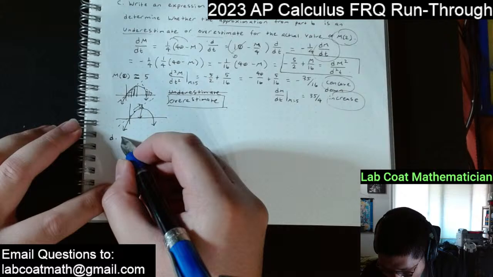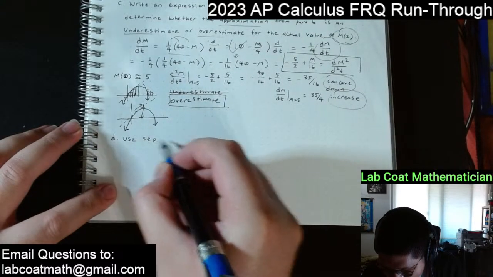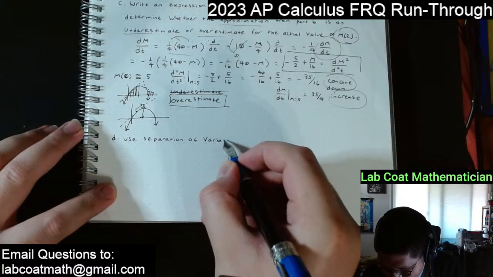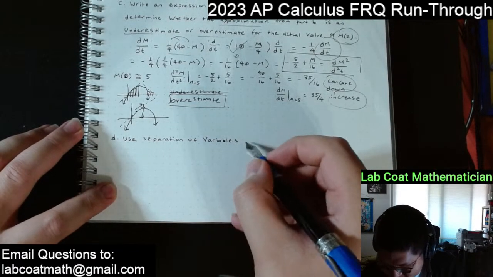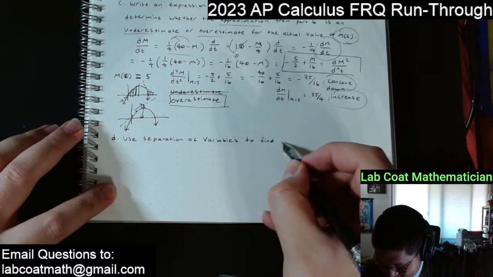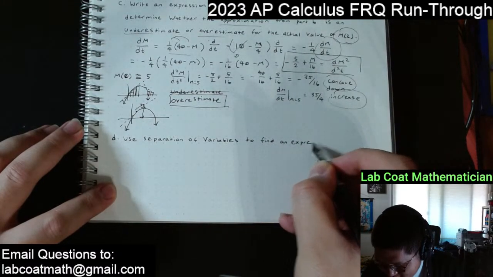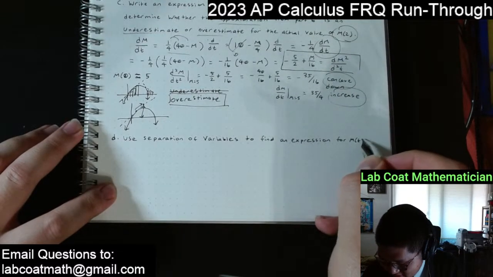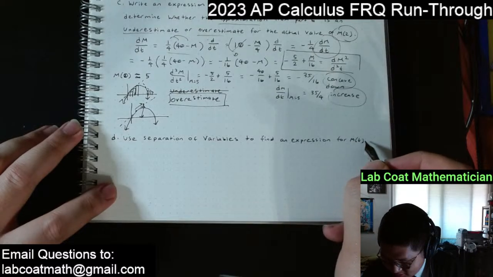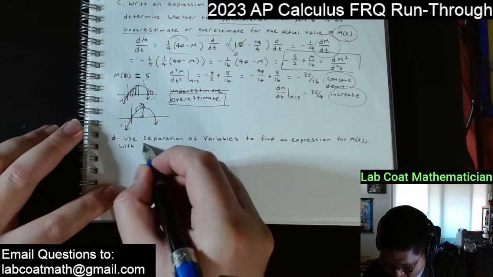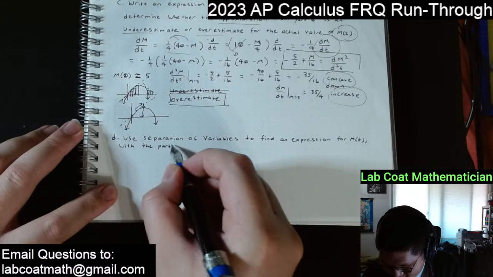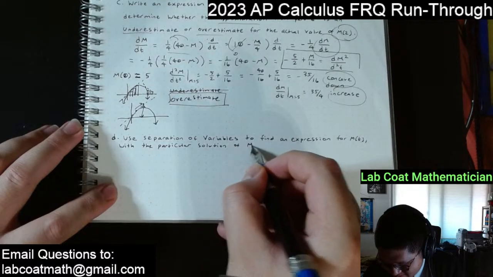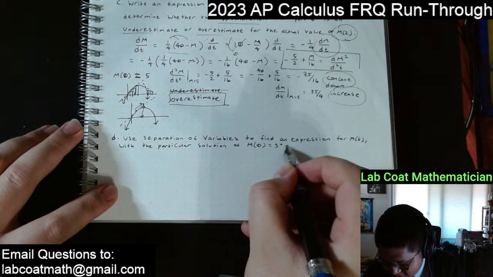Okay. So part D says that we want to use separation of variables to find an expression for m of t, with the particular solution of m of 0 being equal to 5 degrees Celsius.